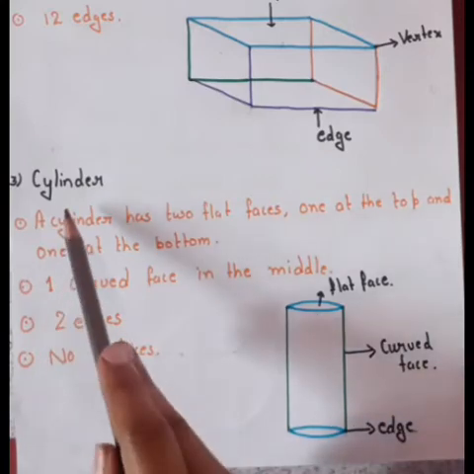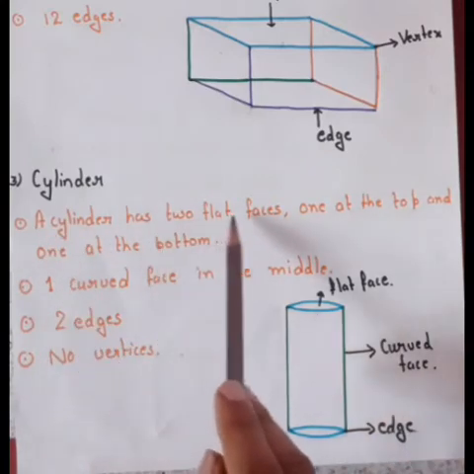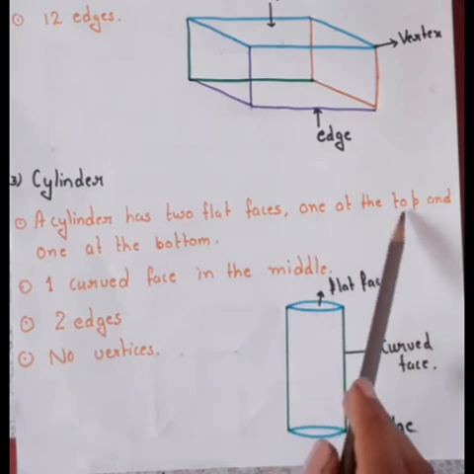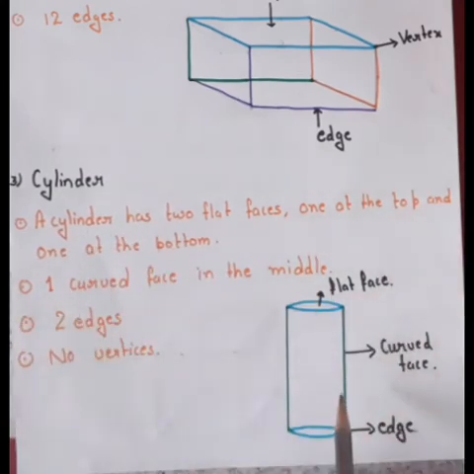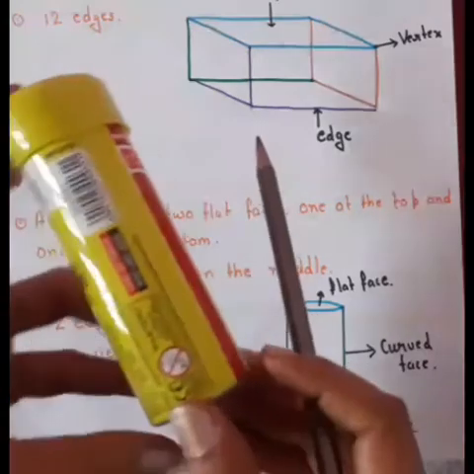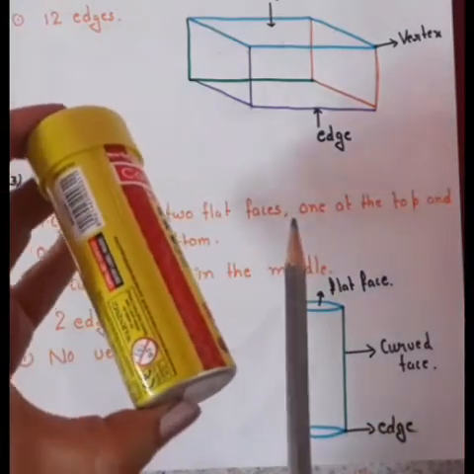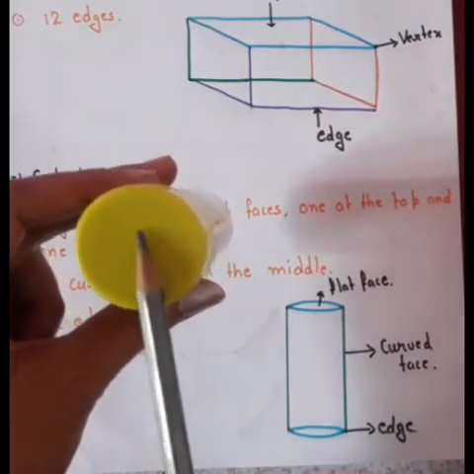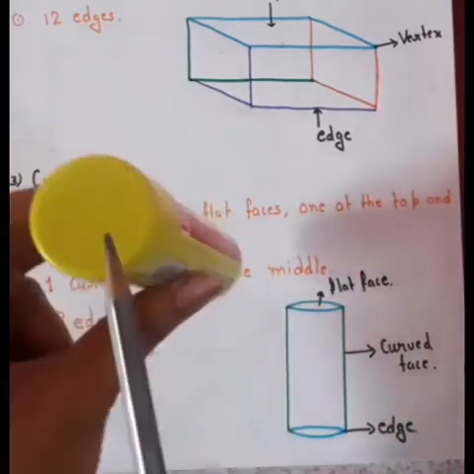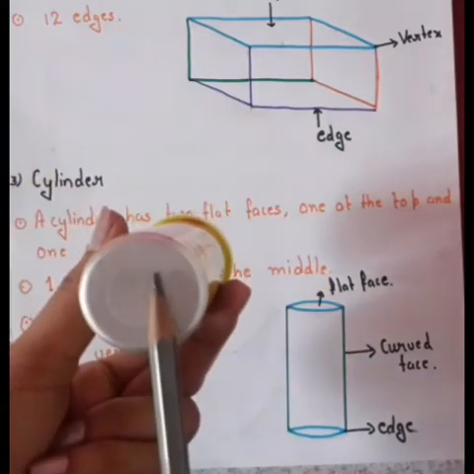Third is your cylinder. A cylinder has 2 flat faces, one at the top and one at the bottom. Here I have drawn one cylinder, and this is an example of a cylinder. As you can see, how many flat faces does it have? 1 and 2, one at the top and another at the bottom.